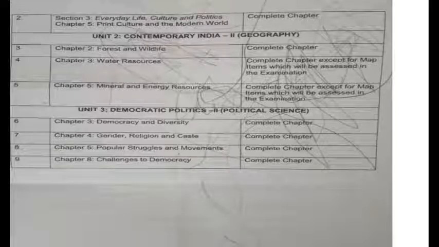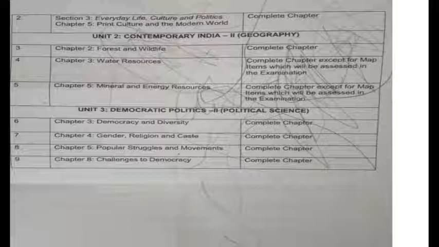Then from geography, forest and wildlife got deleted. Water resources, the complete chapter got deleted, and this particular chapter is only assessed for map pointing activities. Then mineral and energy resources, here also the chapter got deleted, only map related activities are going to be assessed.